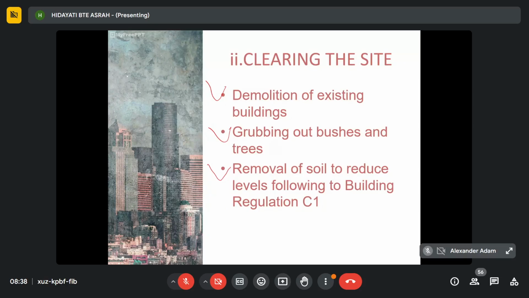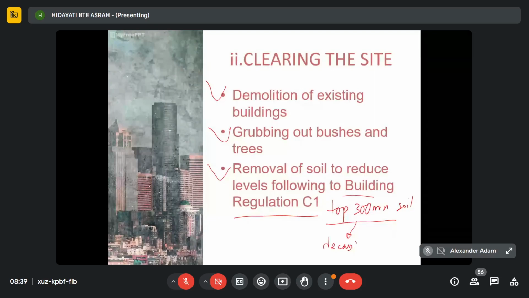This follows building regulation C1. According to building regulation C1, you need to remove the top 300 millimeter of soil on your original ground surface, because this top 300 millimeter of soil contains decaying vegetation.